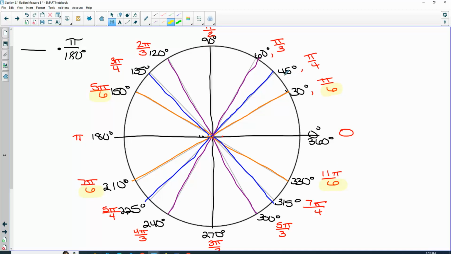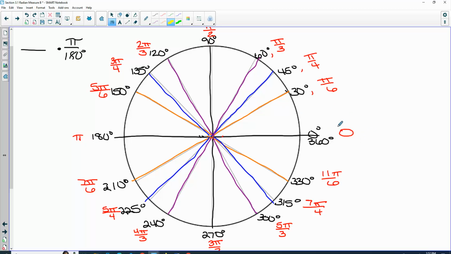When the reference angle is 45, what's the denominator? 4. All the 45s were over 4s. When the reference angle is 60, what's the denominator? 3. All of those have a denominator of 3.